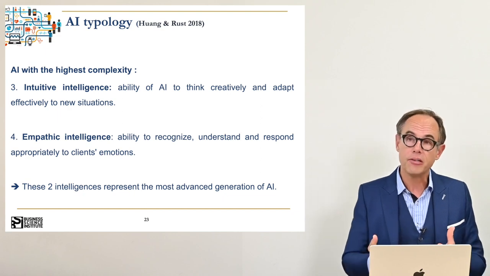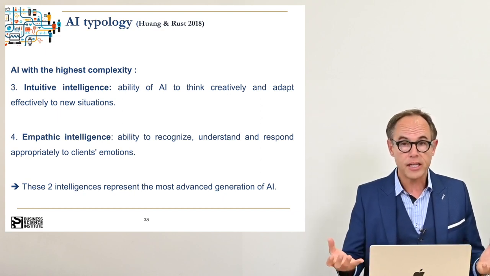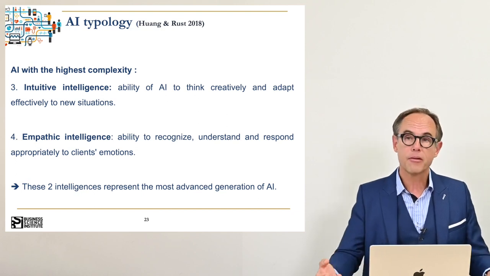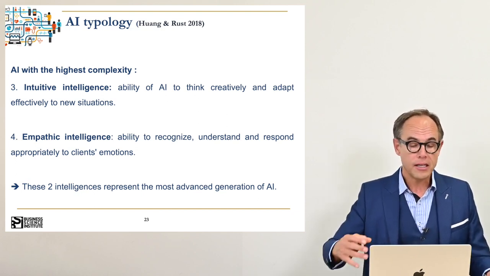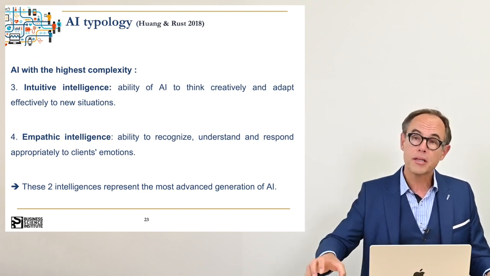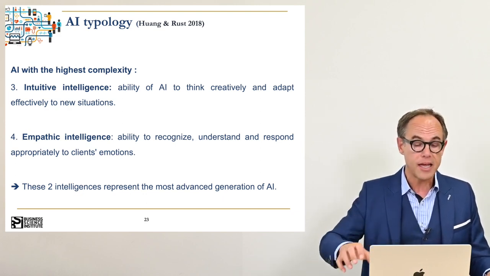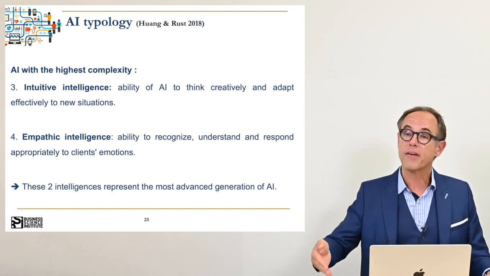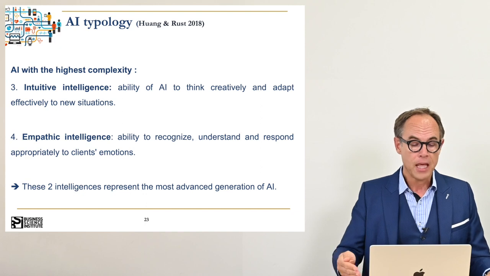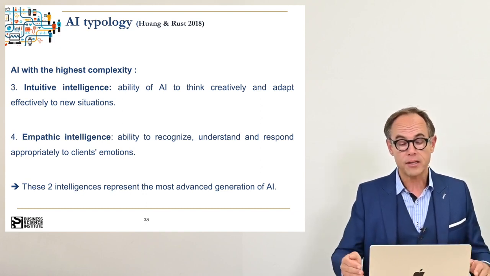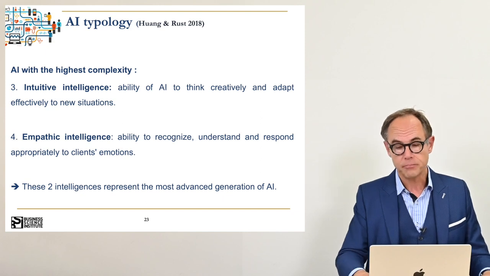So like humans can do, with the difference that an AI will never be tired. It can work 7 days a week, 24 hours, and it can then, in complex and highly emotional situations, adapt, recognize, understand, and respond appropriately to customers, which should increase satisfaction and loyalty. And so these two intelligences represent the most advanced generation of AI.